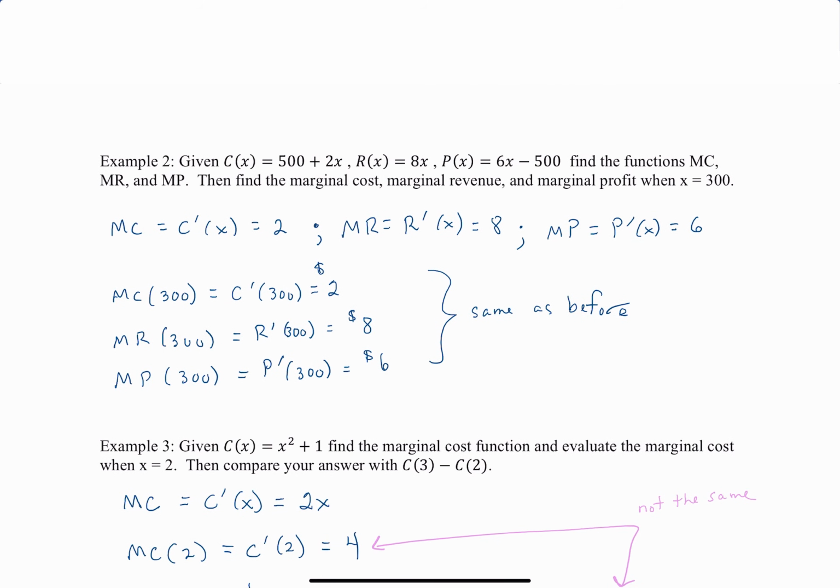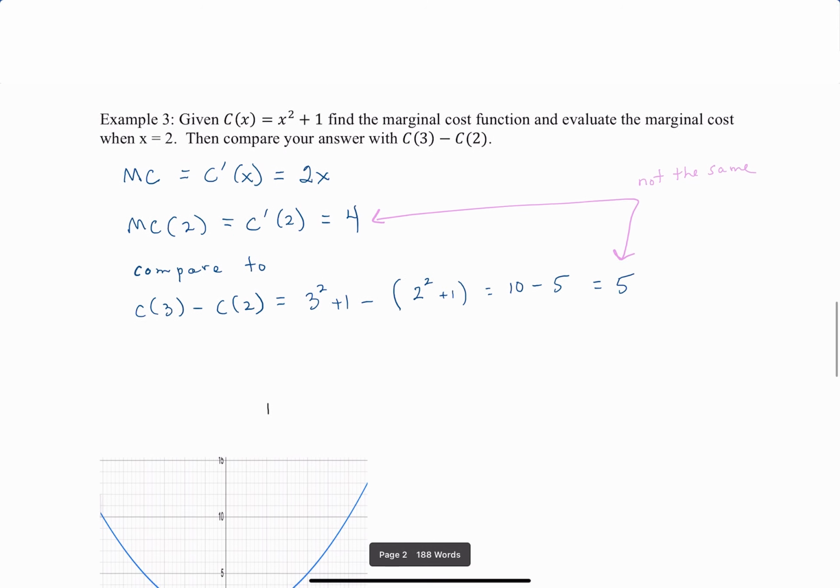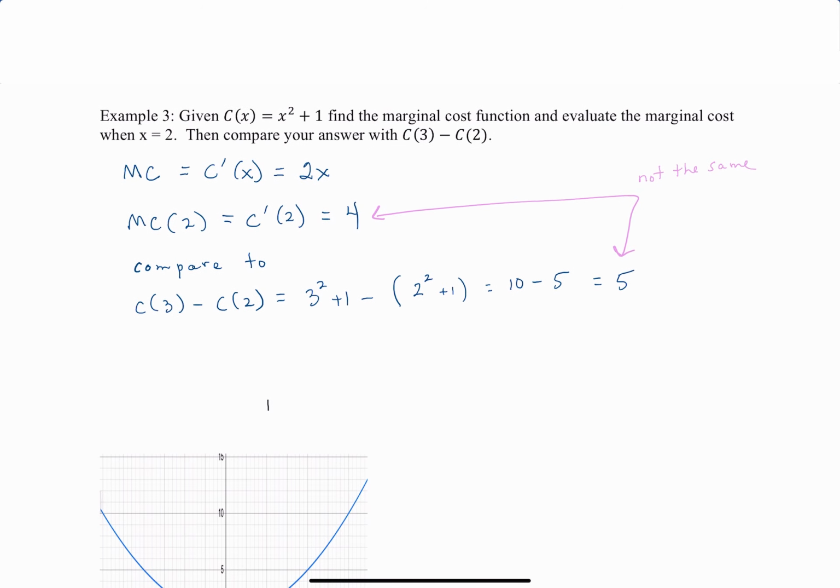I mean, just subtracting two function values, two costs, is pretty straightforward. You don't have to understand any calculus to do that. But if you're going to use a derivative, then you have to understand calculus. So what's the improvement here? And now it's looking even worse because when we use the derivative, we did not get the same answer.